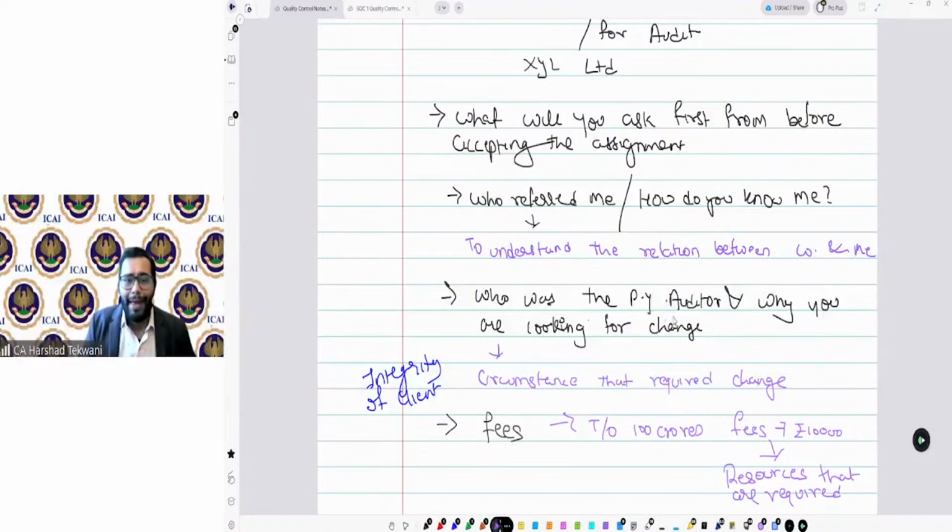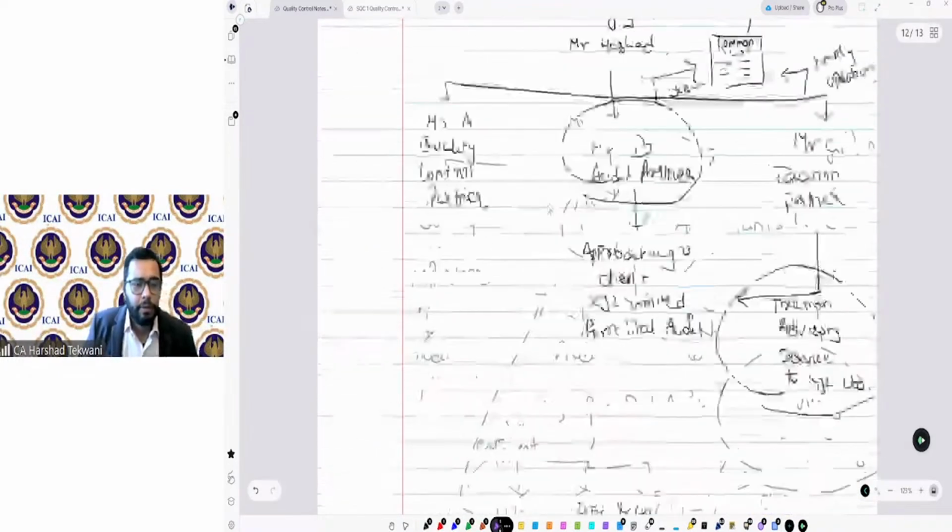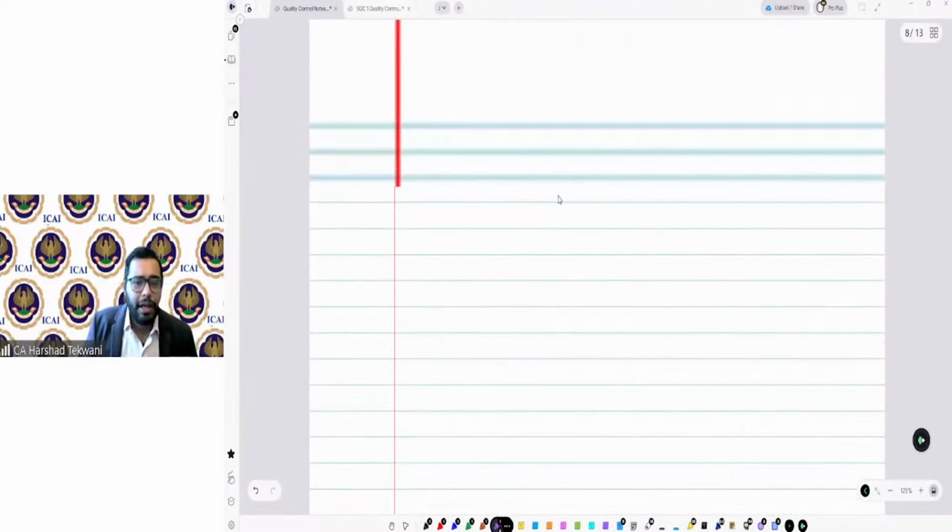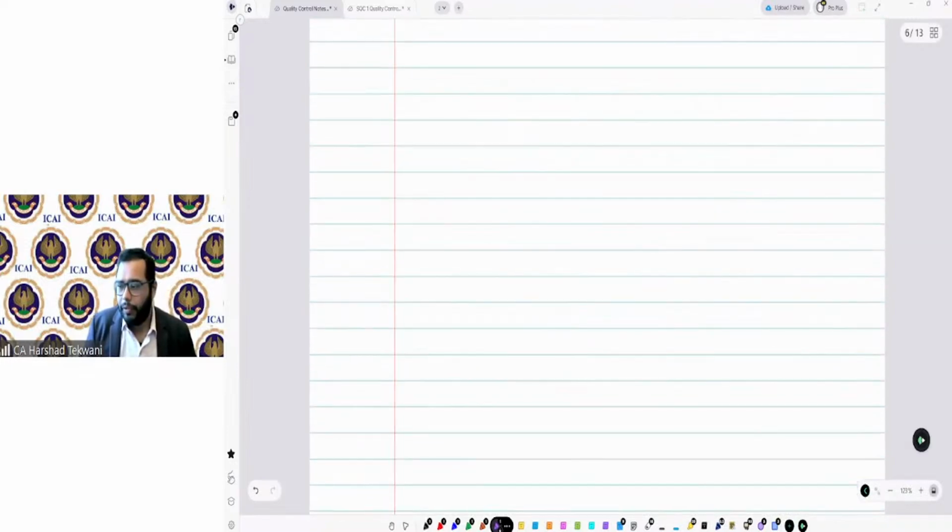Same way, SQC1 says that in your firm there should be some policies and procedures with respect to acceptance of the client and continuance of the client relationship.